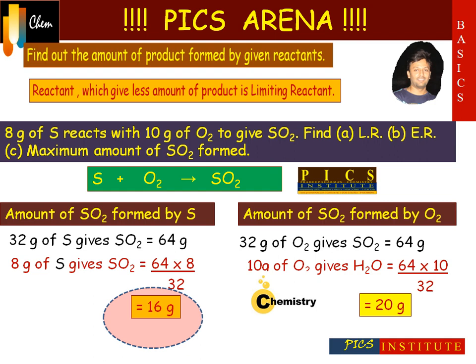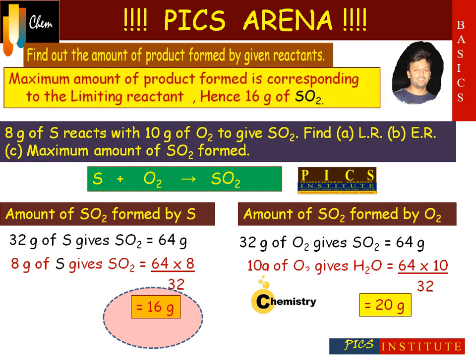So the amount of product formed by the limiting reactant is the maximum amount of product. So the maximum amount of product, that is SO2, formed will be 16 gram.